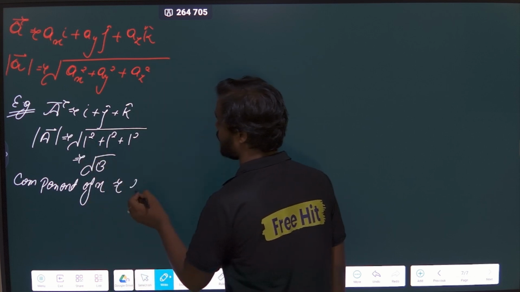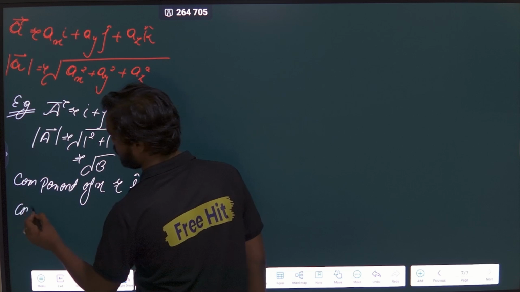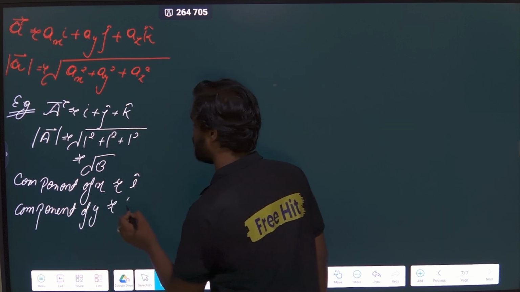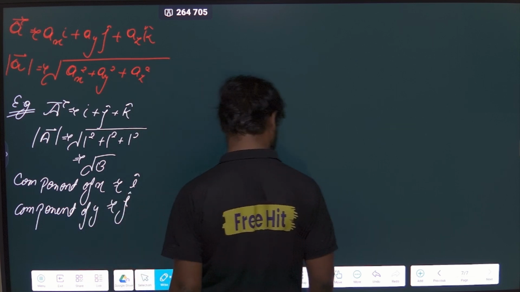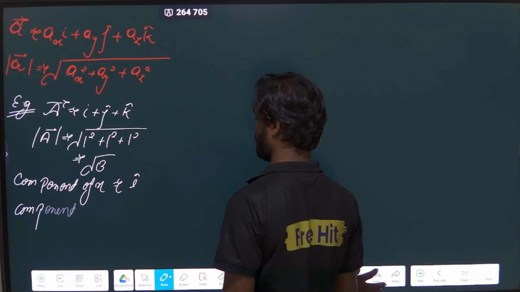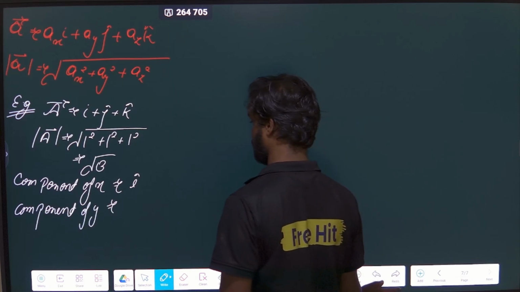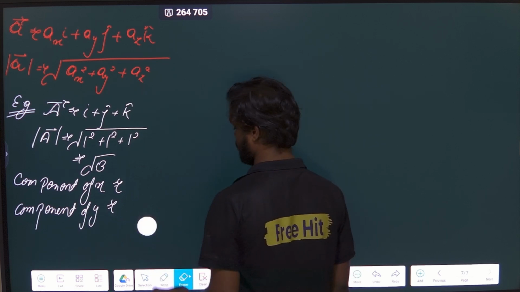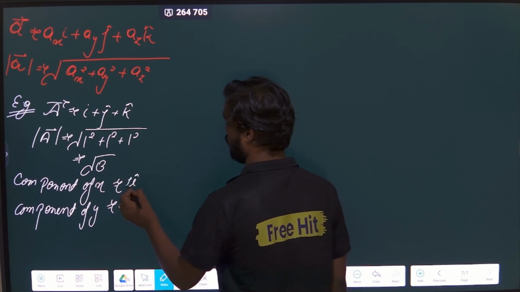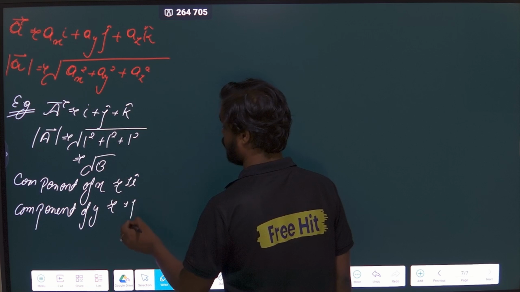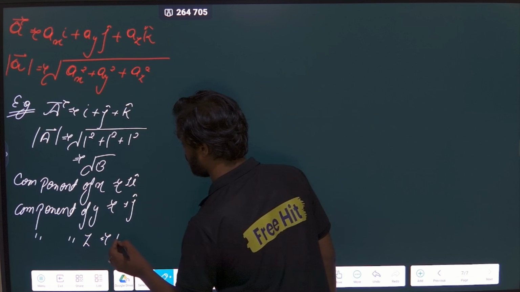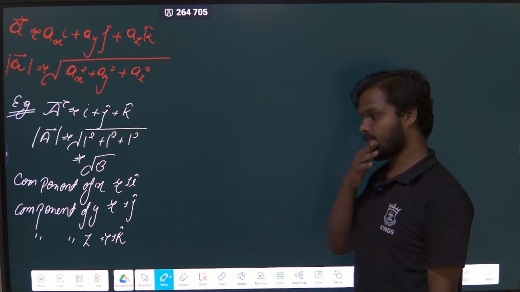The component of x is 1 i cap because 1 is there, the component of y is 1 j cap, and the component of z is 1 k cap. Correct? Any doubt here?